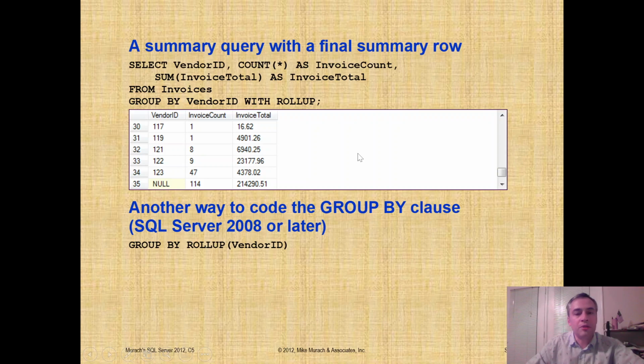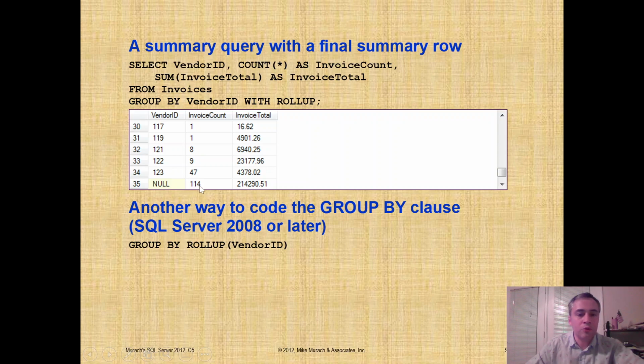All right, now it's interesting that we can include in the same table the final summary of some form, and that is the next goal for us, to understand how we can do that and various ways to do that. So here we're selecting vendor ID and doing everything as we did in previous examples with rollup. So the very last line over here sums up all the invoices that were in the table.